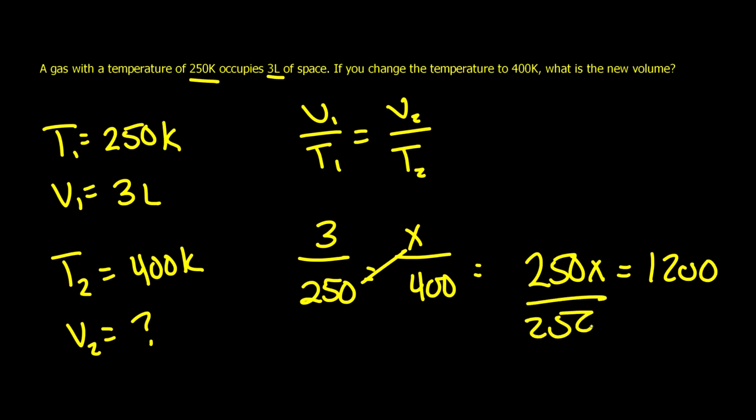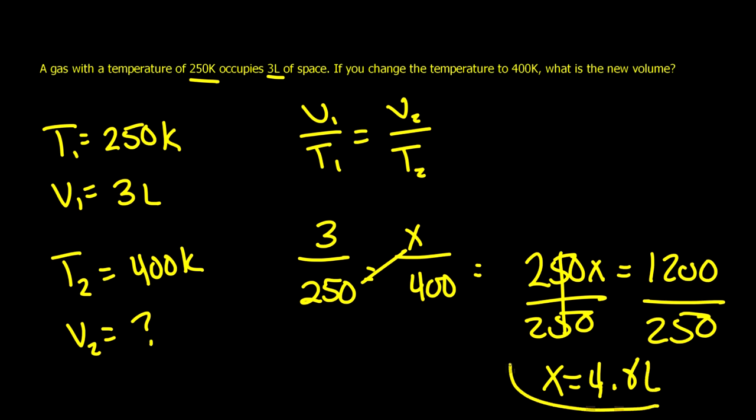Divide by the value with X. That cancels. 1200 divided by 250 gives us 4.8. But 4.8 what? We're looking for volume, so this is going to be liters. Our temperature increased, so our volume should in turn increase as well, which it did, so we should be good.